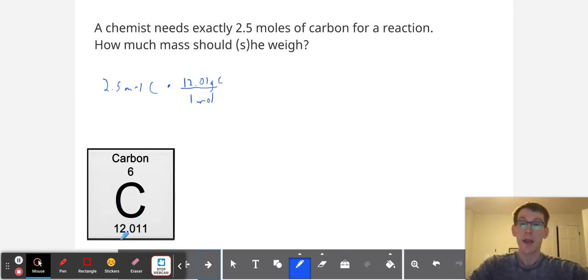The atomic mass is the AMU on the average atom, but it's also the number of grams in 1 mole of that substance. So this would come out to 30 grams of carbon using 2 sig figs as in our 2.5 moles. So 2.5 moles of carbon weighs 30 grams.